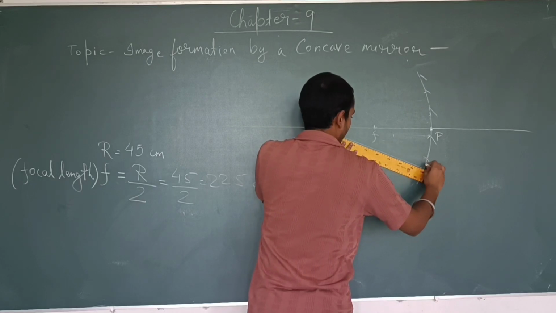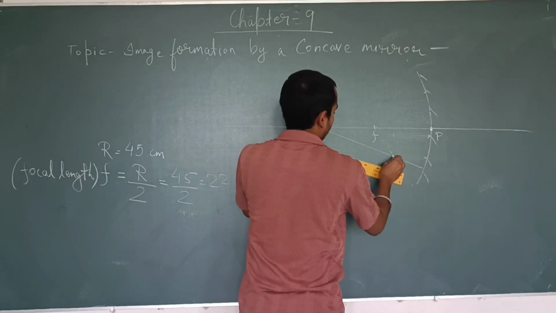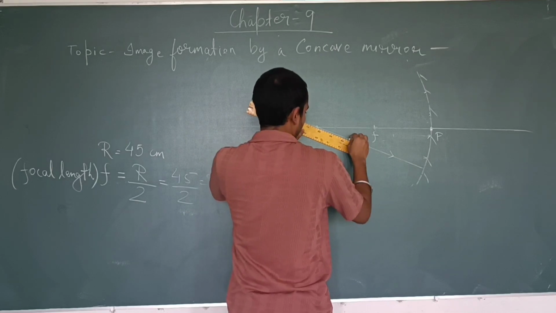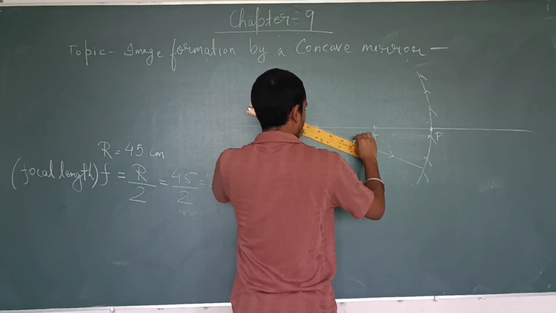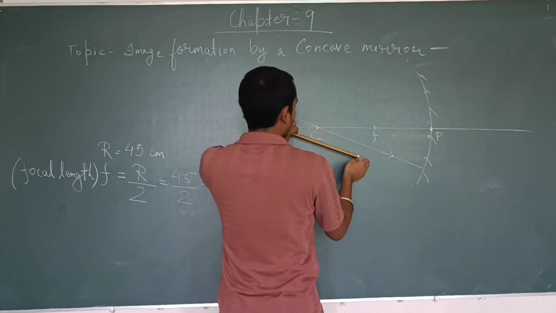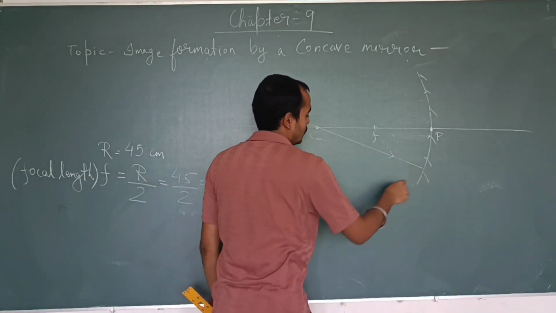If a ray of light is coming from center of curvature, this line is coming from center of curvature, okay? Let us extend this line towards backward. So this is a ray of light coming from center of curvature.